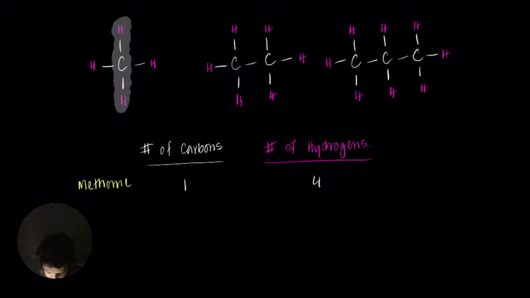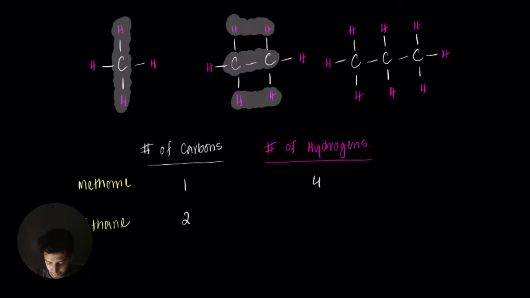Then we have ethane, and there are 2 carbons, and look what I'm doing over here. Take a note. If I have 2 carbons, for sure I'll have exactly 2 on the bottom and 2 on top, right? Each carbon has 1 hydrogen at the bottom and 1 on top.